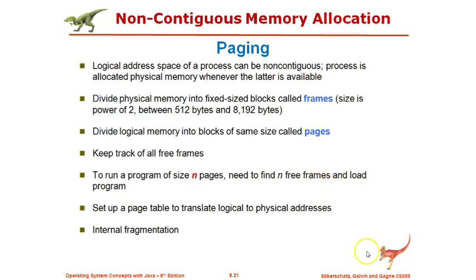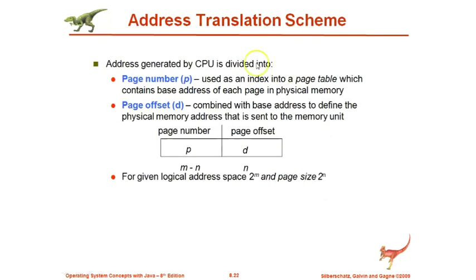How exactly will this address translation scheme work? The address generated by the CPU, which is a logical address, will be divided into two parts: the page number, that is P, and the page offset, that is D. The page number is used as an index into a page table which contains the base address of each page in physical memory, whereas the page offset D is combined with the base address to define the physical memory address that is sent to the memory unit.